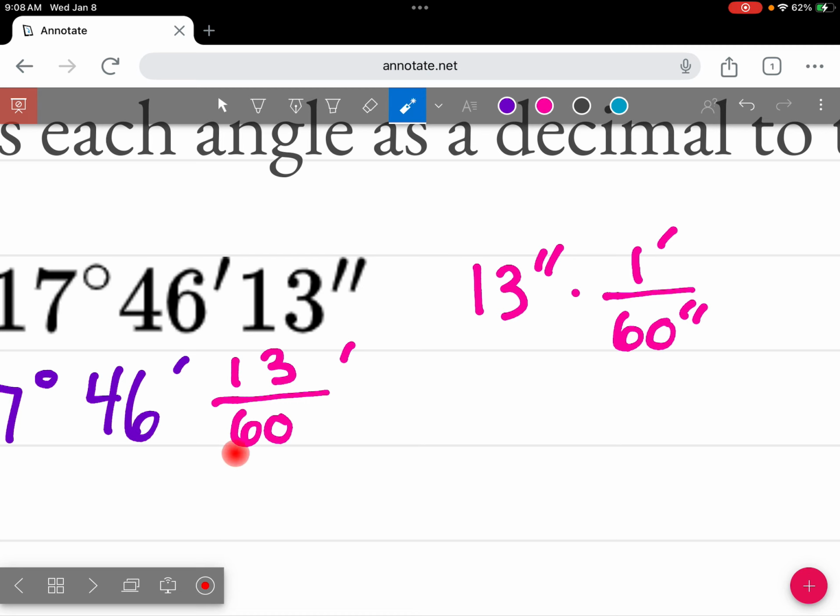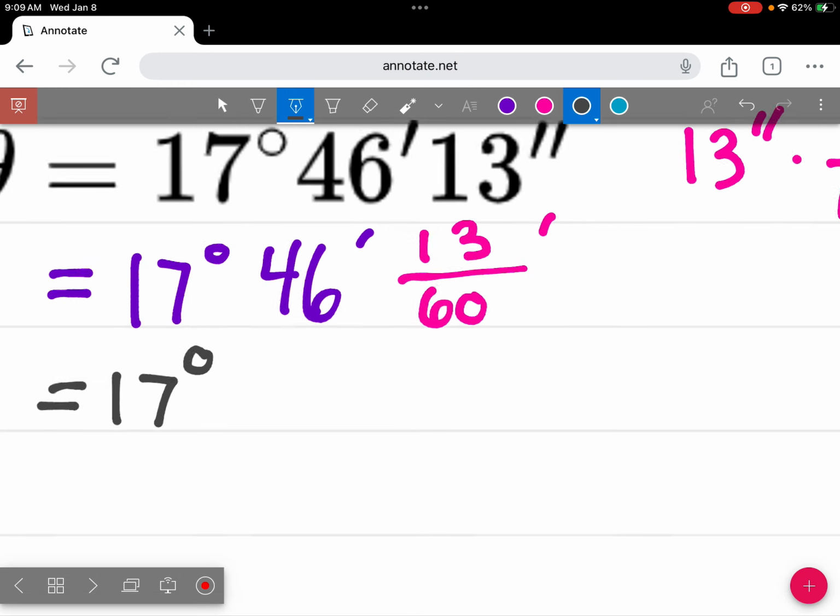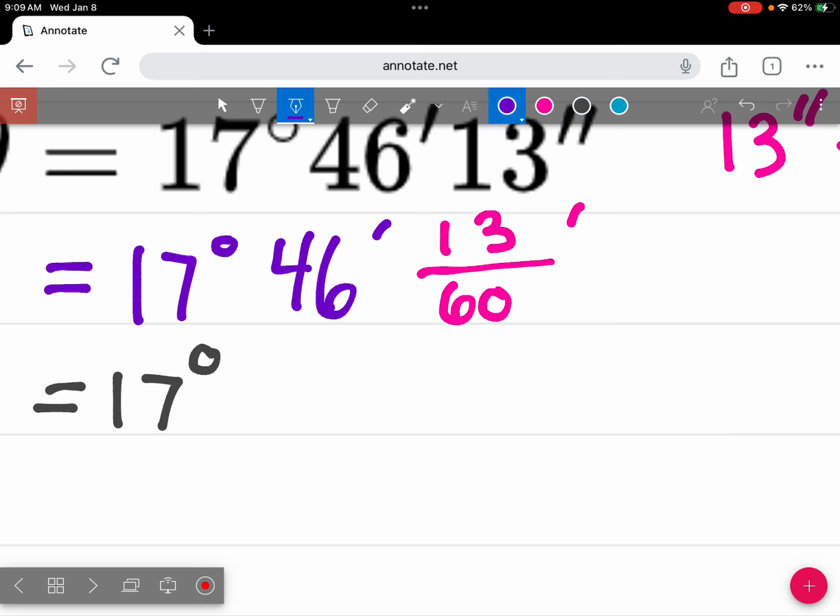I've got a couple of like terms. I've got 2 sets of minutes here. Get this as a decimal, 13 over 60. So this is the same thing as our 17 degrees and 46 plus 13 over 60, which is going to be 46 point... What is 13 over 60?